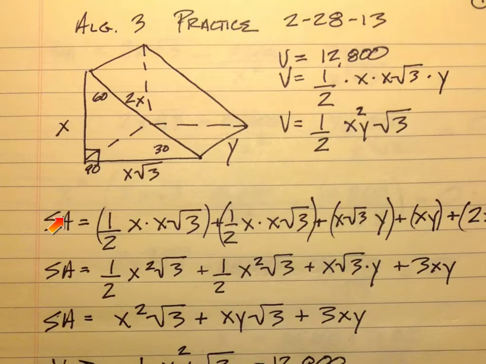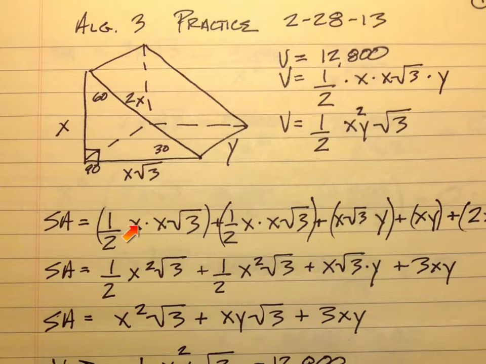For the surface area, we're going to add up the areas of all of the sides. So we'll start with the triangular face that is facing us, and that's 1/2 base, which we could call x, and then height, which we could call x square root of 3.